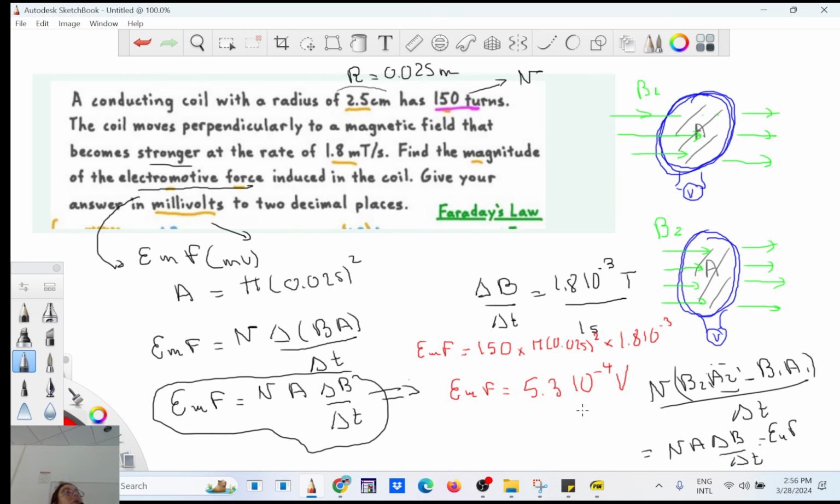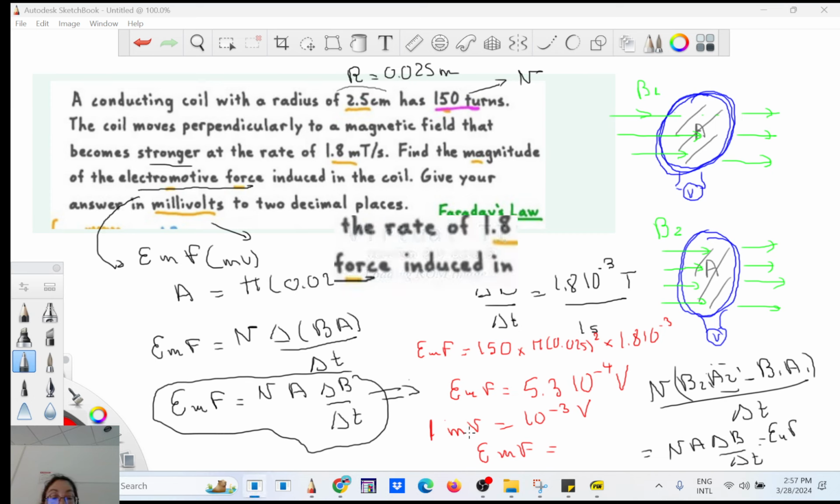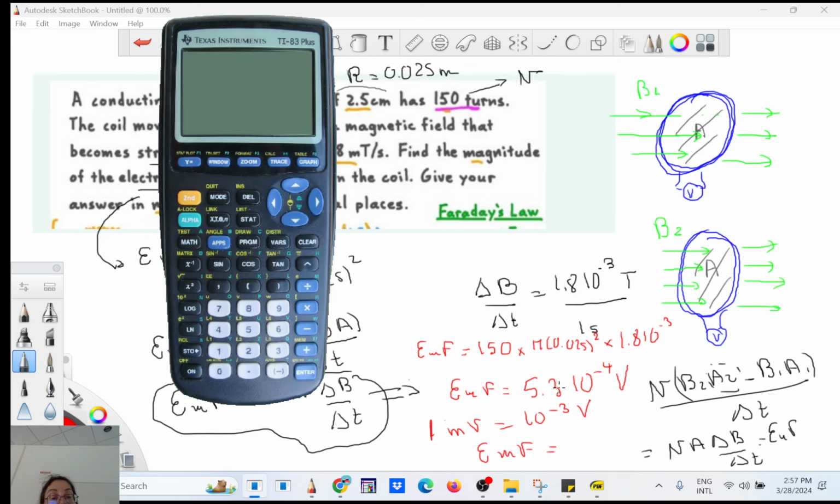And so now we have to turn that into millivolts. Okay, so one millivolt is 10 to the negative 3 volt. So it's going to be what? No, you divide. Because you want to know how many of that goes into here. Oh, you cross multiply, you divide, right? Yes, so 5 times 10 to the negative 4, enter.